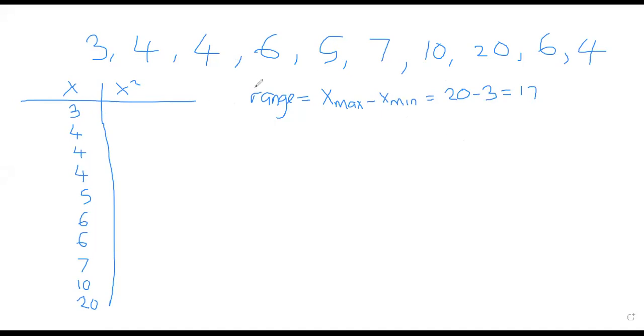Half of the range is called the mid-range, although it's not very commonly used, but I just want to measure all the parameters. So the mid-range is half of the range, or half of 17. What is half of 17? 8.5.